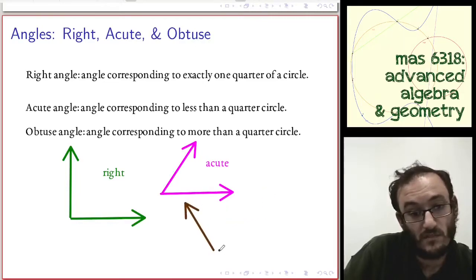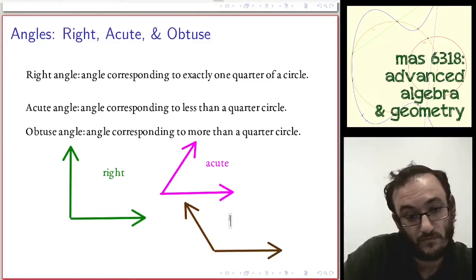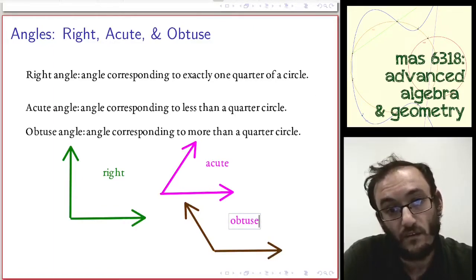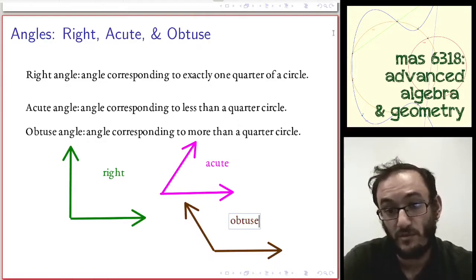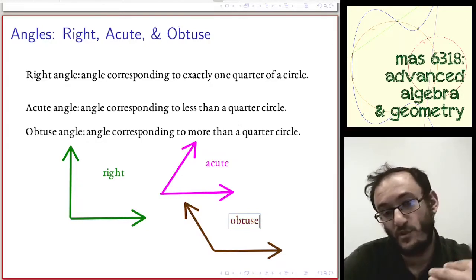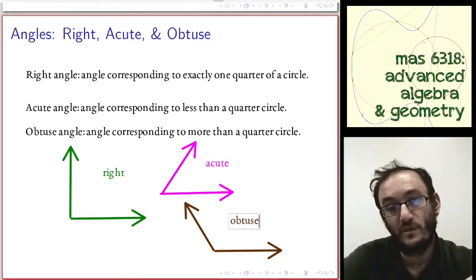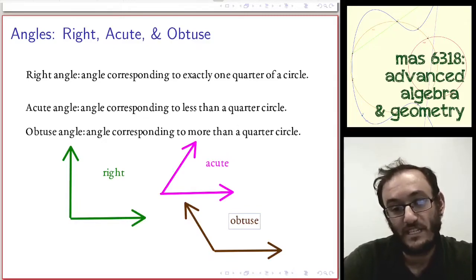So something like this would be obtuse. Okay. And I'm sure none of this is surprising. This is usually covered in the middle school or high school curriculum, but since we're making the exercise of building things up like the Greeks, we're taking it from square one.